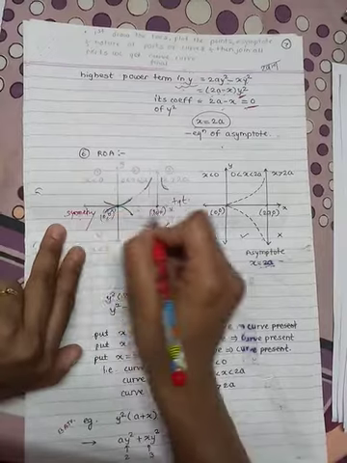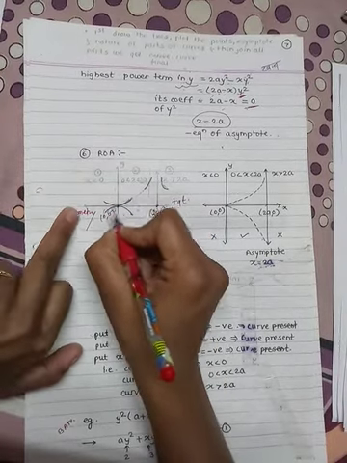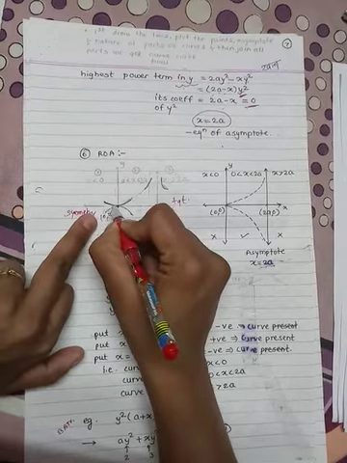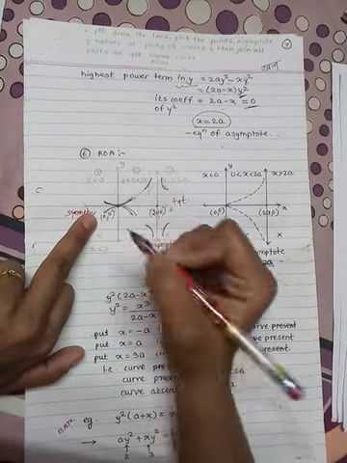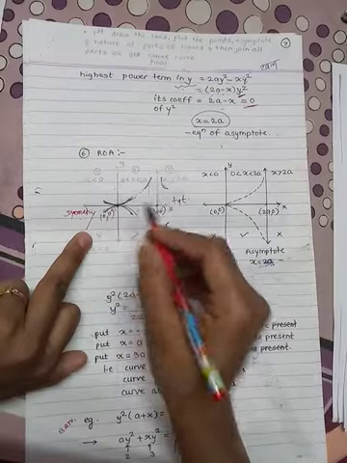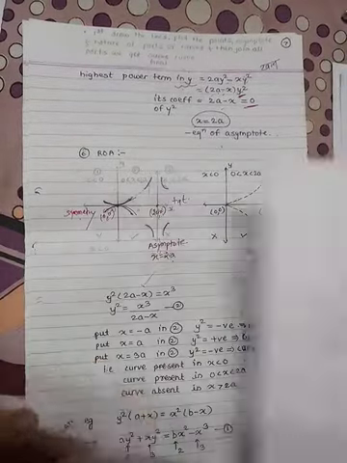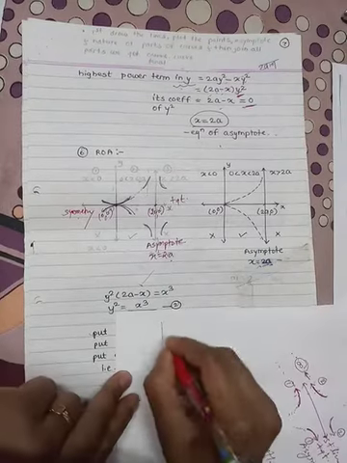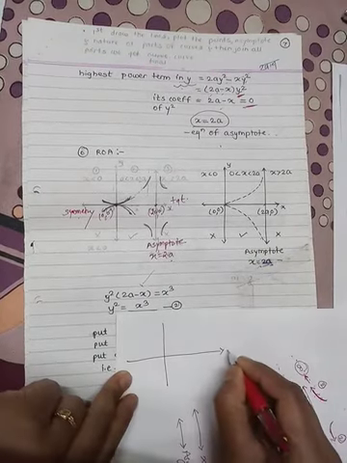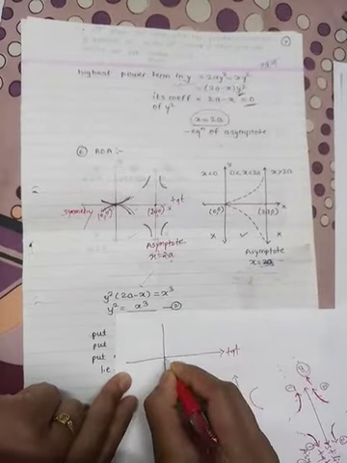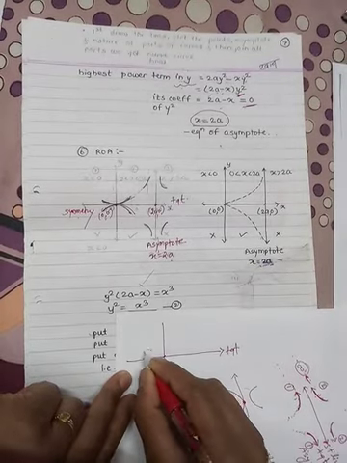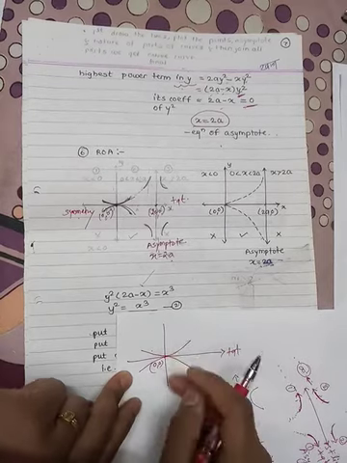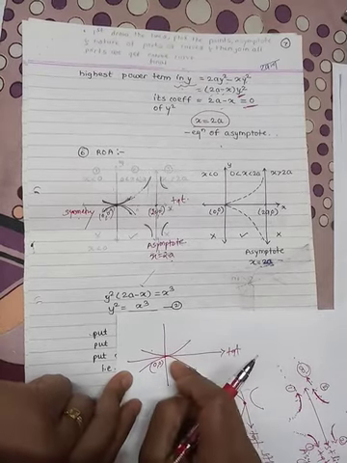So x-axis is the tangent at the origin means the part of that curve around that x-axis tangent is like this possibility and this possibility. So draw this part. So x-axis, y-axis. X-axis is the tangent at the origin. Hence the part around that curve is this and this. So both possibilities we have to draw in the rough curve.